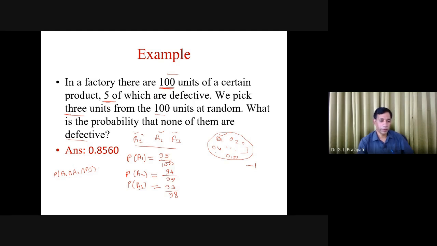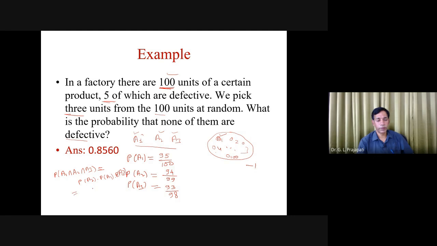This is equal to the probability of A1 multiplied by the probability of A2 multiplied by the probability of A3.